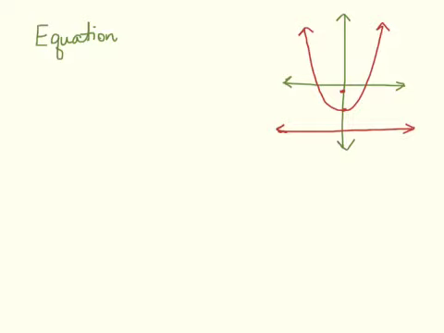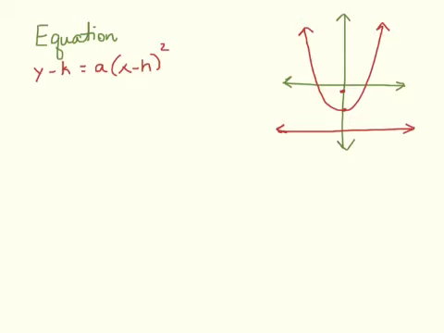The equation of a parabola that points up or down, opens up or down, is y minus k equals a times x minus h squared. That looks a little like the equation of the circle. The equation of a circle has two squares, and the equation of a parabola has one square.